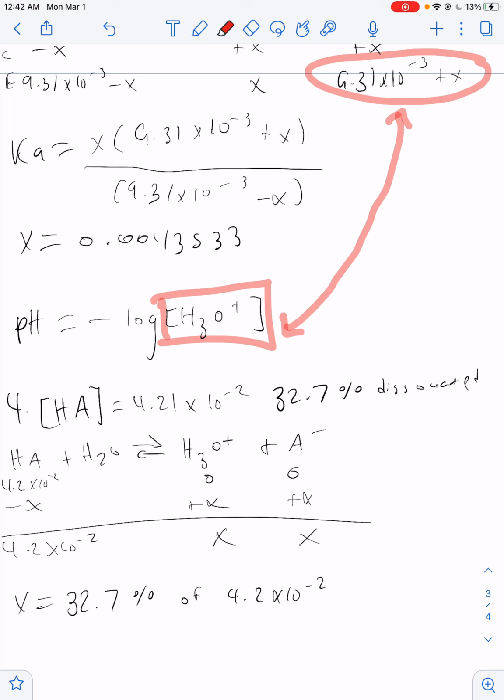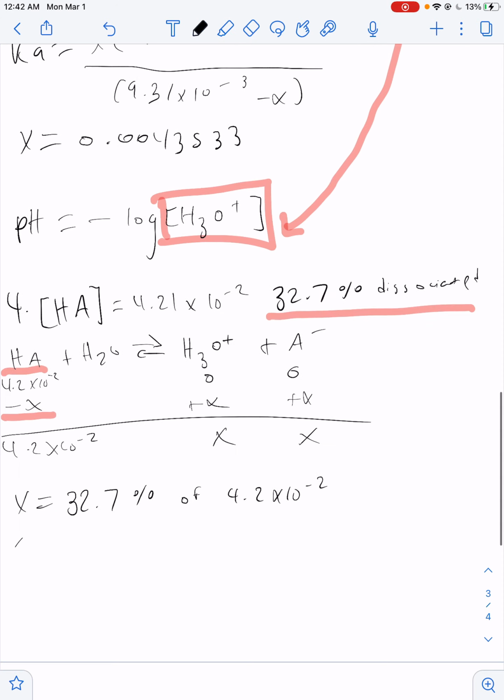Because this monoprotic acid is 32.7% dissociated. That means 32.7% of it is released in water. So that's how much is going to be changing from the concentration. So all I have to do is calculate 32.7% of this number, and that happens to be 0.0137667.